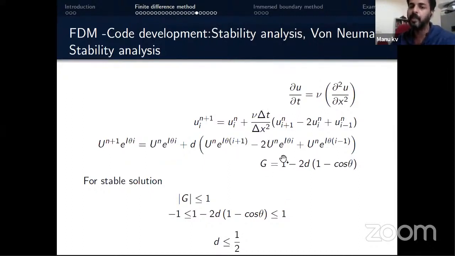Suppose we take a value higher than half, the code will blow up. That's what we observed in the second equations: the code was blowing up because the value of d is much higher than the value predicted by the stability analysis.